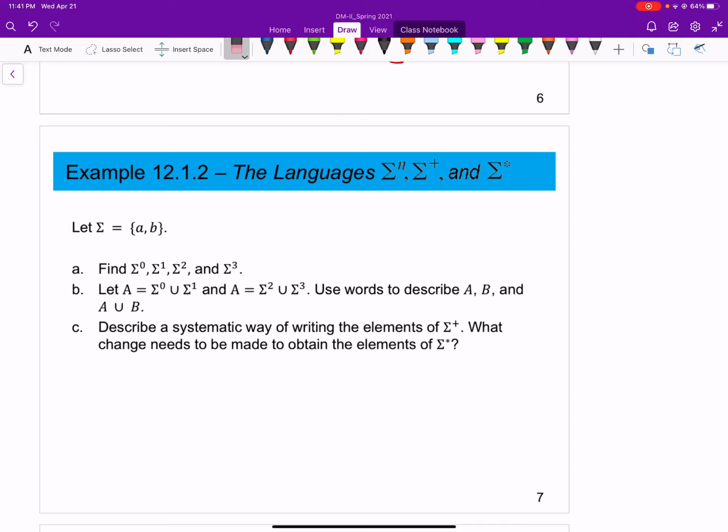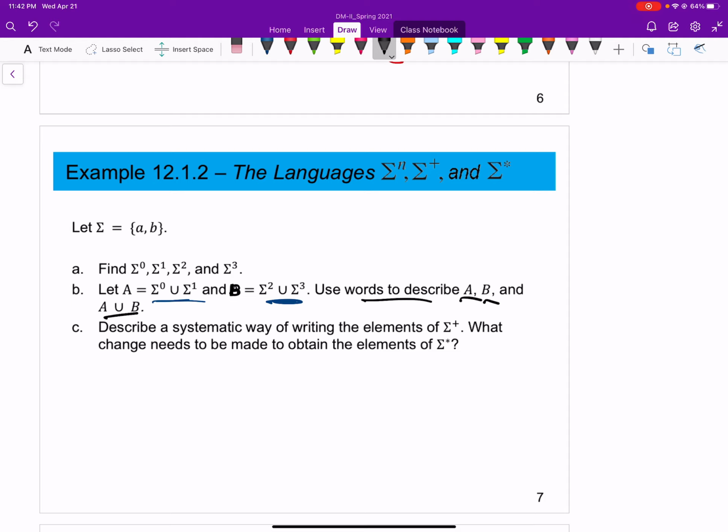And then you have to find A, which is a union like this. And then second case you have to find B, which is a union like that. Then you have to just use your words to describe A, B, and then A union B.